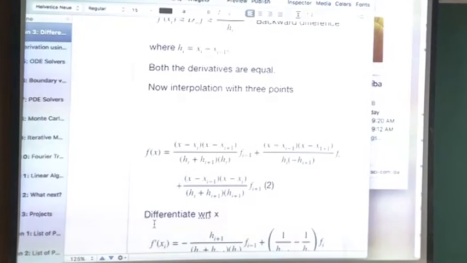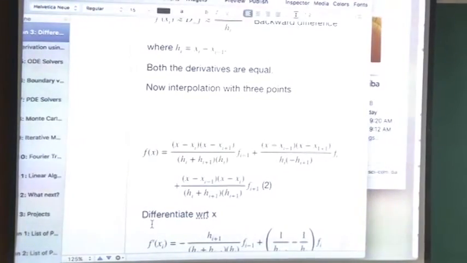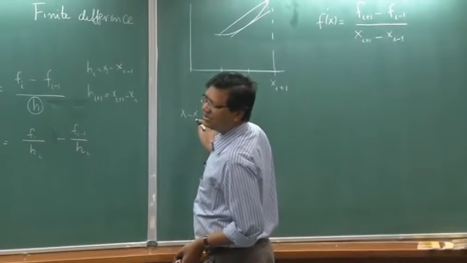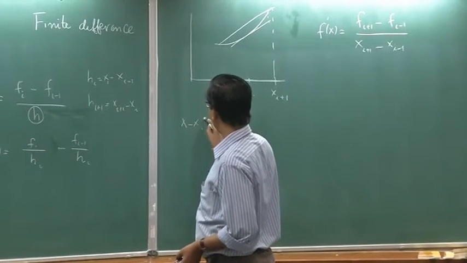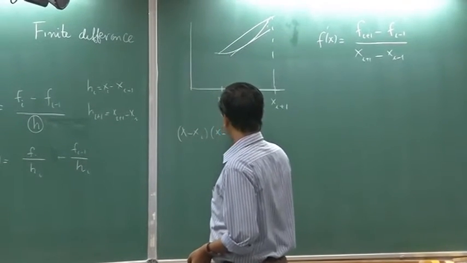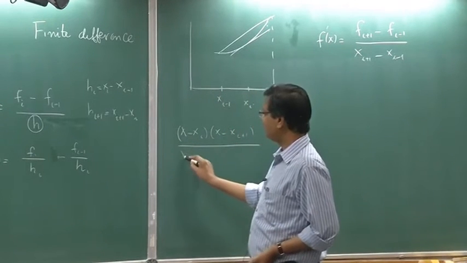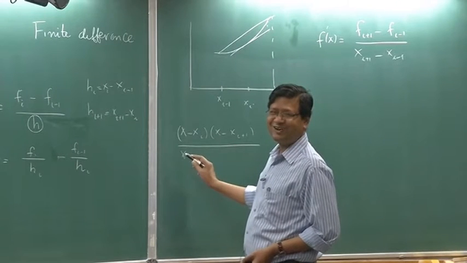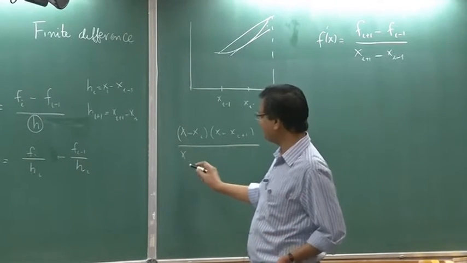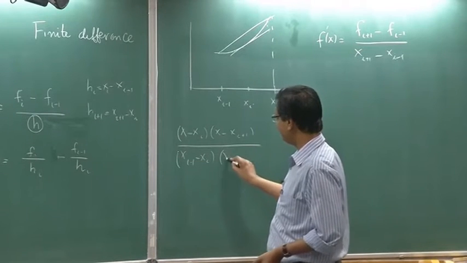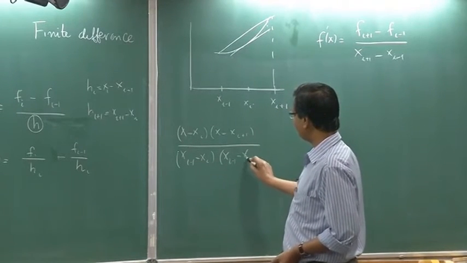So x minus xi, x minus xi plus 1, divided by what? Please do not forget Legendre, okay? Legendre polynomial is the basis of everything. xi minus 1 minus xi, xi minus 1 minus xi plus 1.